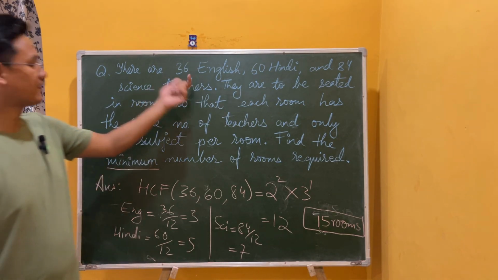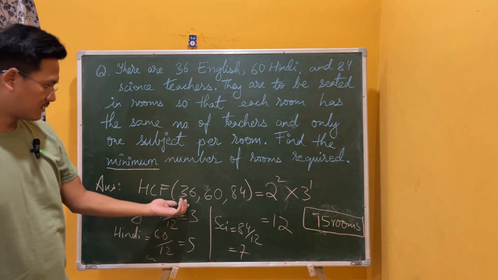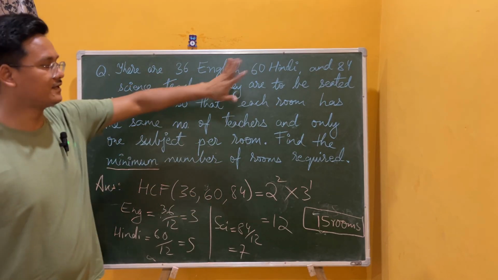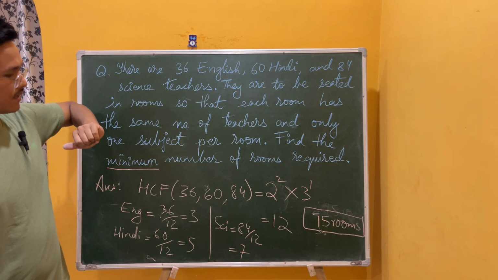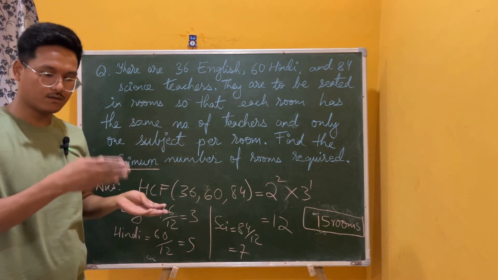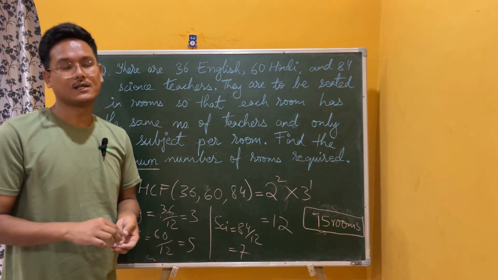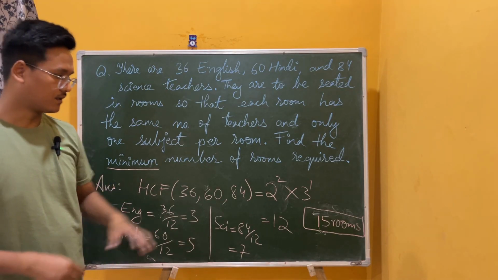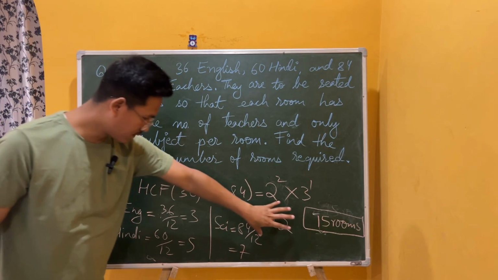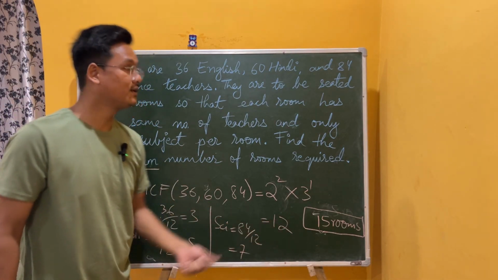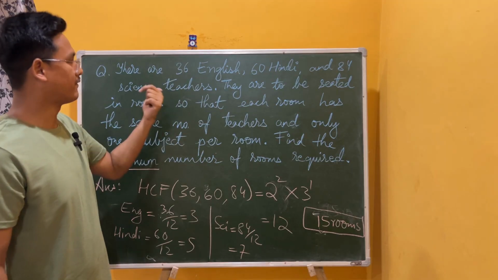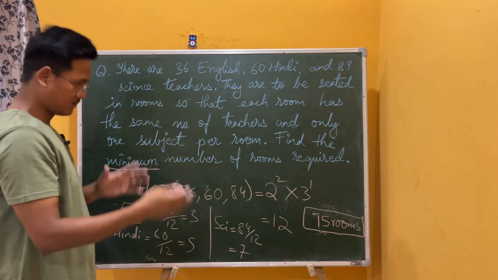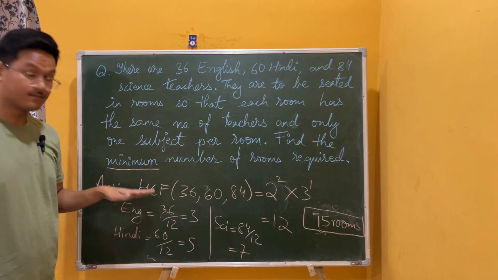If you use any other number less than 12 that is a factor which divides all three, that way also you can divide the teachers into rooms, and you'll see that in each room there are an equal number of teachers from one subject, but you'll be requiring more rooms. If you think of any number bigger than 12, it will not divide perfectly; it may divide two of them perfectly, but it won't divide 84. So that's how HCF comes into play.